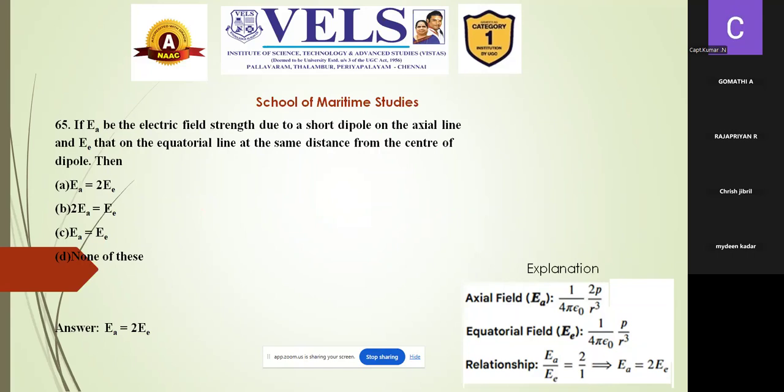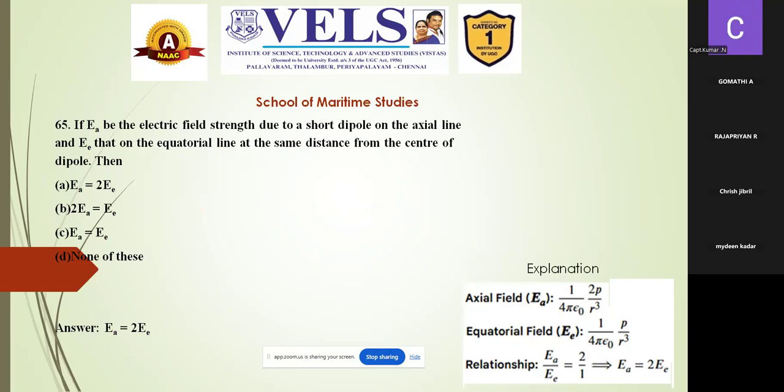If EA be the electric field strength due to a short dipole on the axial line and EE that on the equatorial line at the same distance from the center of dipole, then the axial field EA is equal to 1 by 4 pi epsilon naught 2p by r cube.